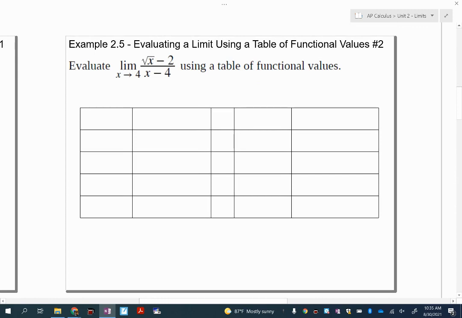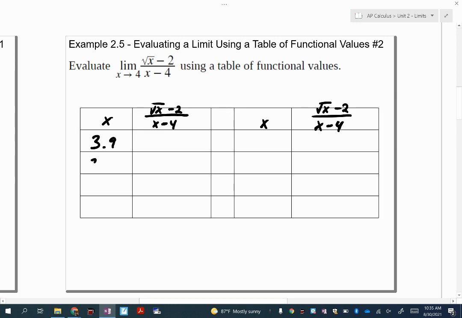This time approaching 4. So I have x, and this is the square root of x minus 2 over x minus 4. And even as you're writing this, you can take a look at this function, and you'll notice that if I were to plug in 4, we would get 0 in the denominator again. So same idea. From the left is going to be 3.9 this time.